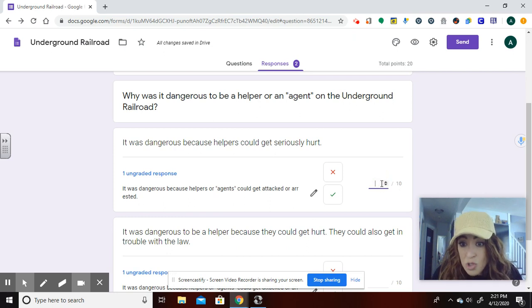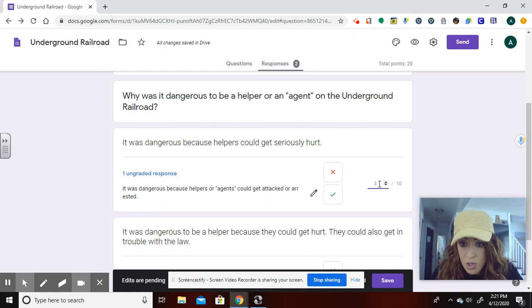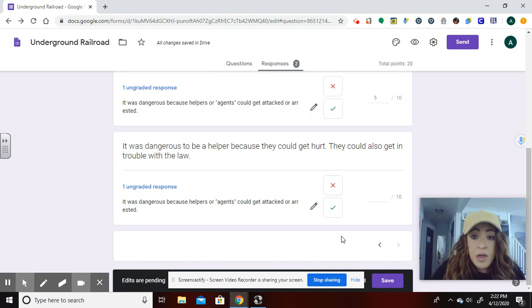So over here, you can actually give partial credit. I can say, all right, I'm giving them 5 points. So they did get it correct, but I want to just give 5 there. All right. Now, the next one: it was dangerous to be a helper because they could get hurt. They could also get in trouble with the law.